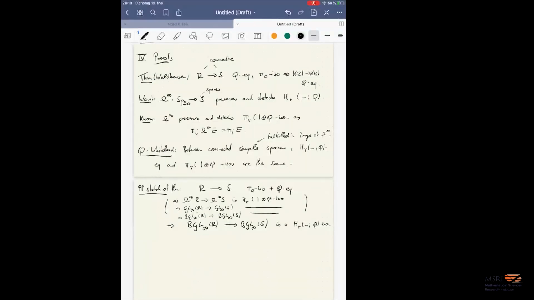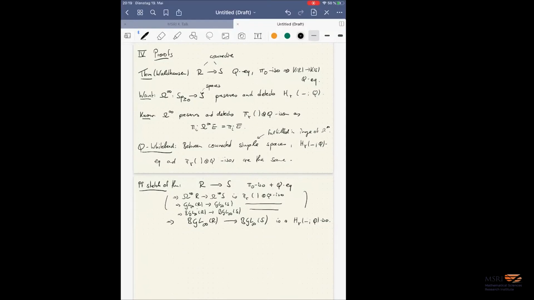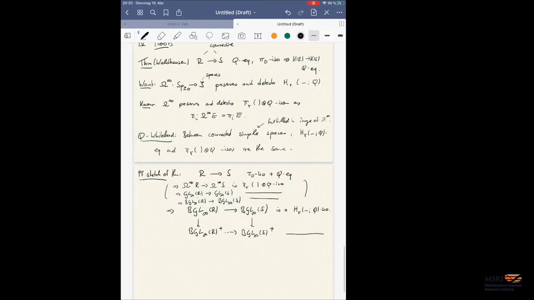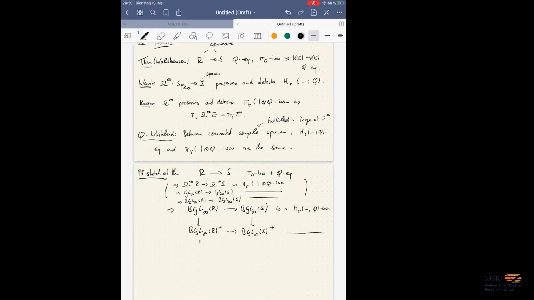Sorry, this is not very easily readable, but I hope you get the gist of it. Then I use, as I explained earlier, that the maps into the plus construction are also homology isomorphisms. So by 2 out of 3, we see that the map between the plus constructions is also a homology iso. But these are the same as omega infinity. To be precise, I should take the one connective cover here, but if you want, you can ignore this.